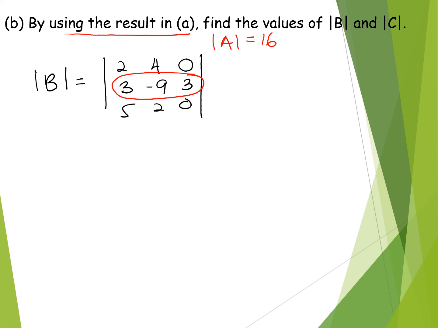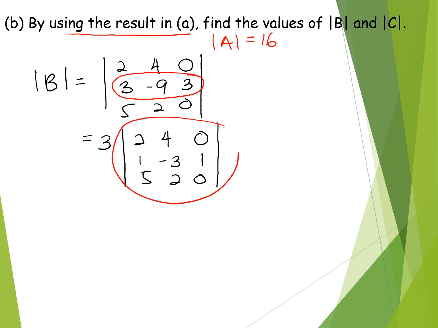Therefore, we take out the common factor 3 from the determinant. So 3 times 2, 4, 0, and the second row becomes 1, -3, 1, 5, 2, 0. And this is the value of determinant A. From A, we got just now 16, so this is equal to 3 times 16. So the answer is 48.